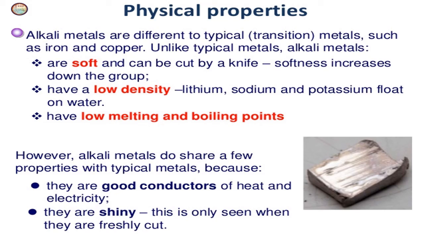For example, they conduct electricity, they conduct heat. Whatever general properties of metals there are, those are shown by these metals. But in terms of some properties like the density, melting point, and softness, they are slightly different.